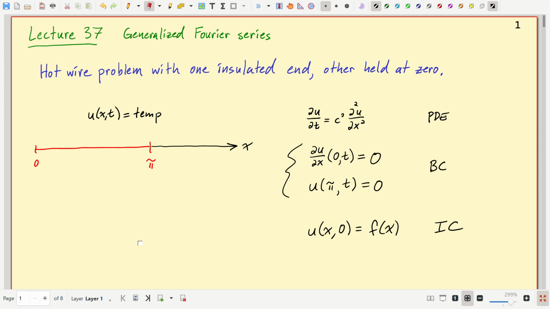But I'm going to show you that when you do separation of variables and play the usual routine, you end up with a new kind of Fourier series that we haven't seen before.